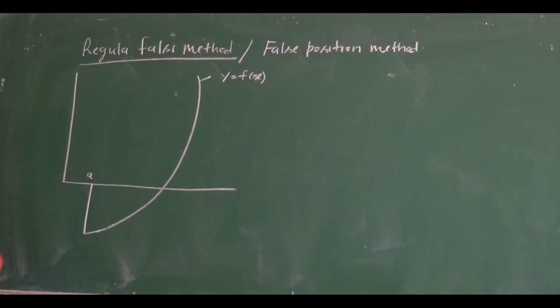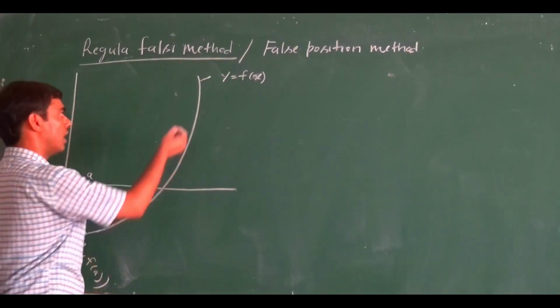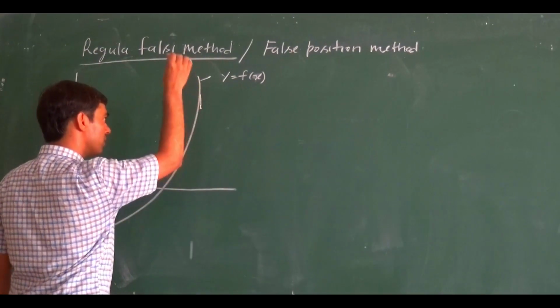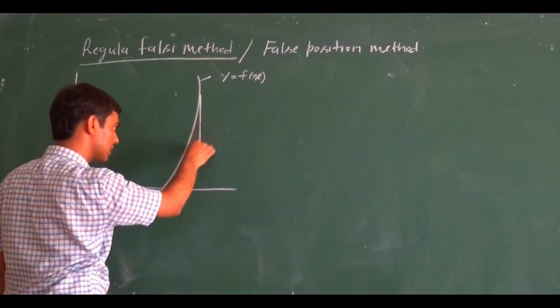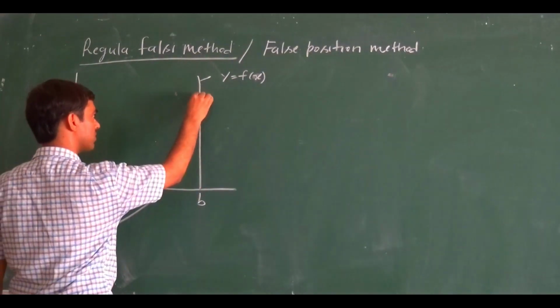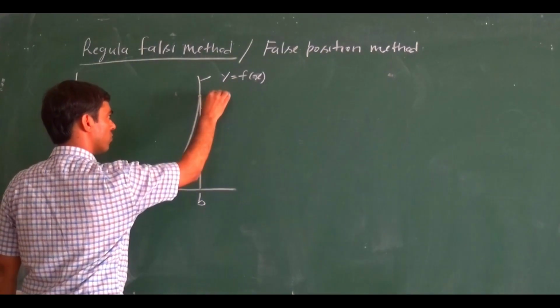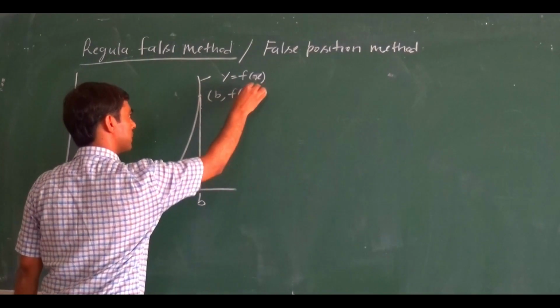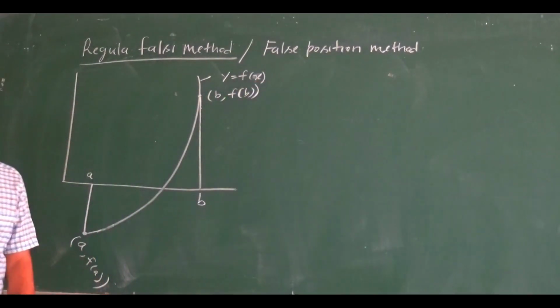Suppose this point is a, and the coordinate of this point is (a, f(a)). And one value where the function is positive. Suppose this is b, and the coordinate of this point is (b, f(b)).